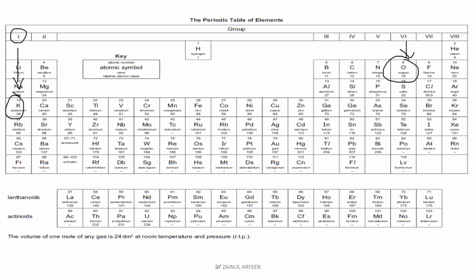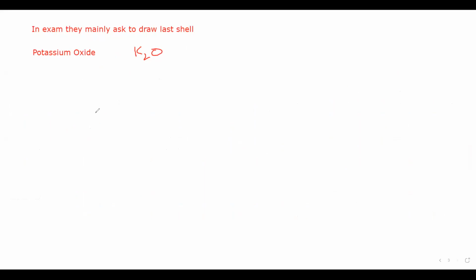So we will draw two potassium. This is not the full structure, this is only the last shell, which is what they normally ask in the exam. So this is the last shell of potassium, and it has only 1 electron. Then there is another potassium that also has 1 electron.